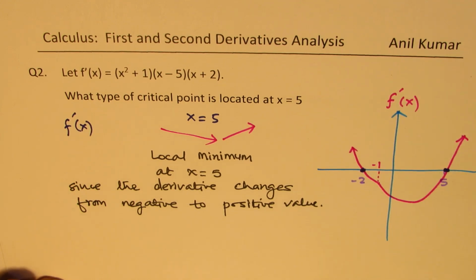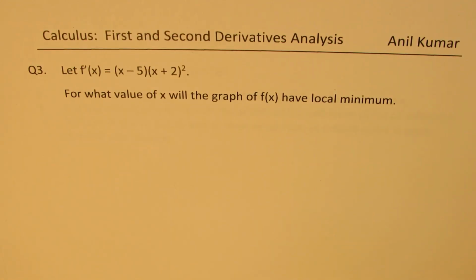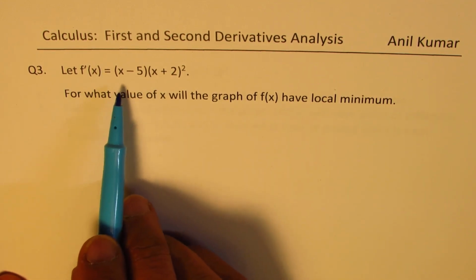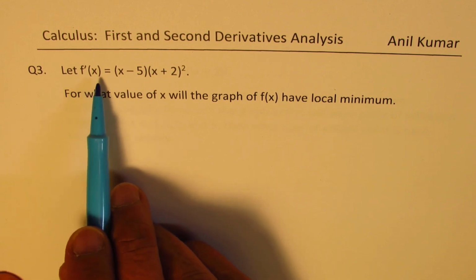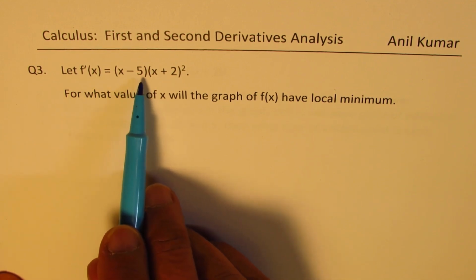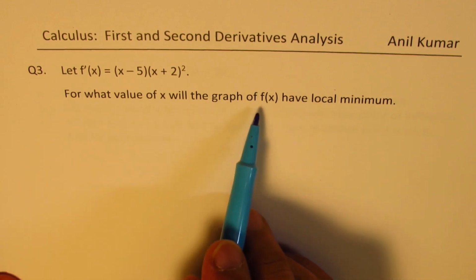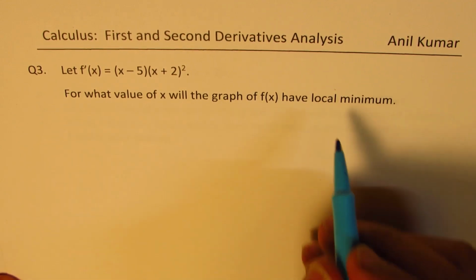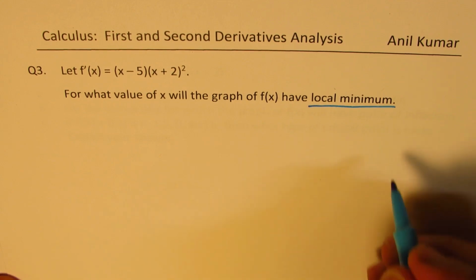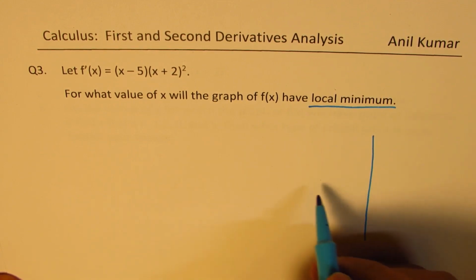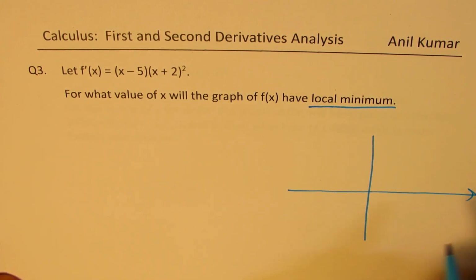Correct? Now let's look into question number 3. Here again, we are given the derivative of the function. If f dash x is x minus 5 times x plus 2 whole square, for what value of x will the graph of f of x have a local minimum, right? So let's again sketch this graph and then find the answer.